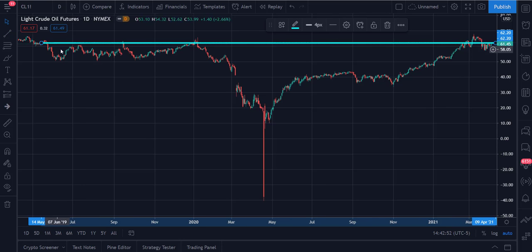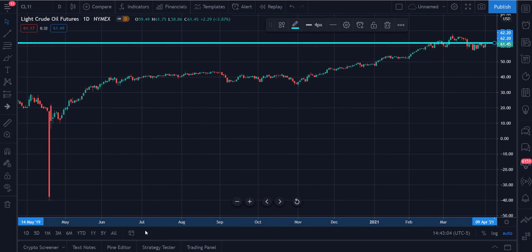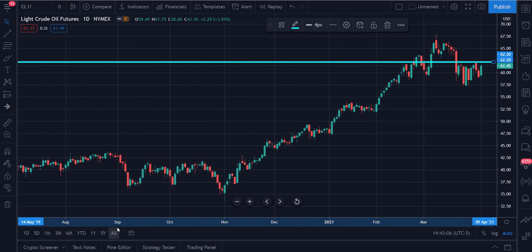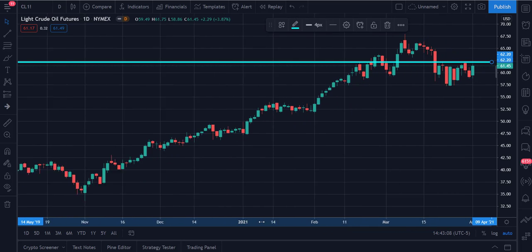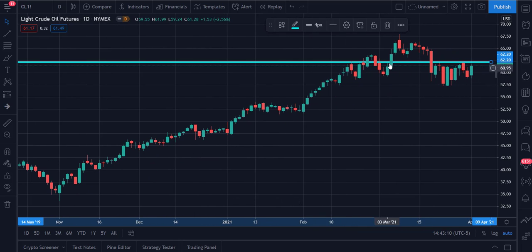Look at this. It played resistance in July of 19. We saw it again as resistance in September of 19, January of 20 before the big pandemic. And then it managed to break through in March and stay above. But here we are seeing resistance here again.